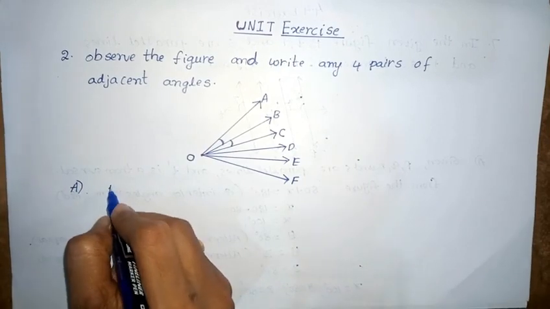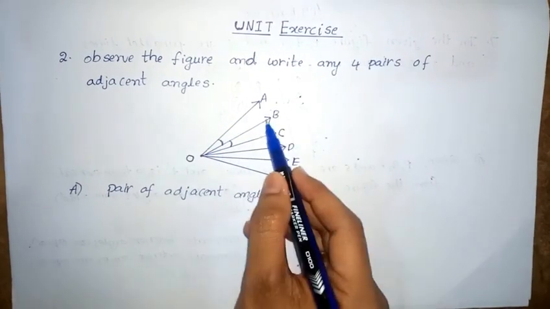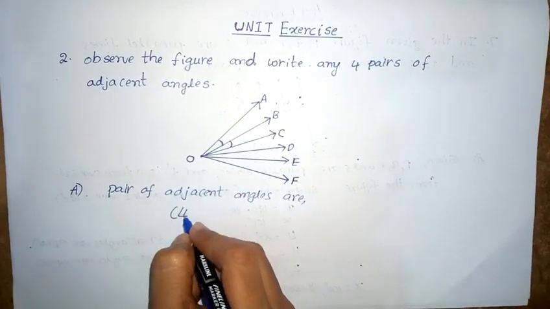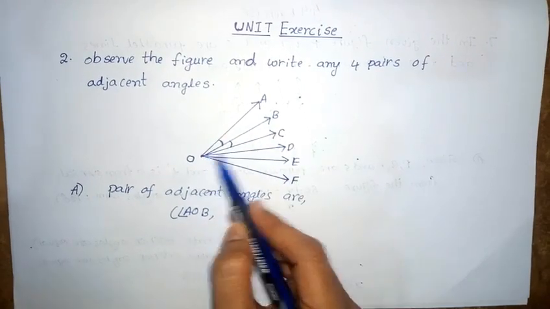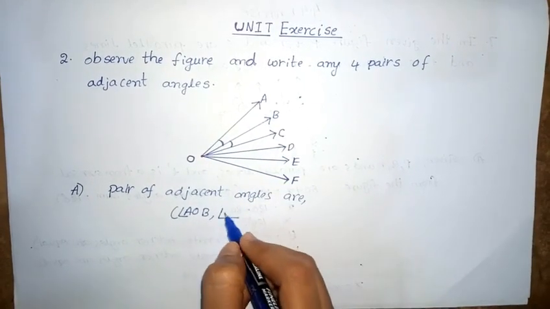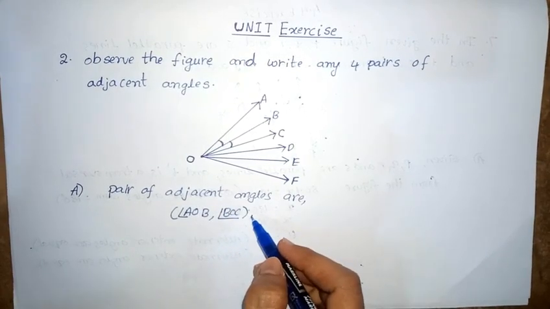So the pair of adjacent angles are angle AOB and angle BOC. So this is one pair of adjacent angles.